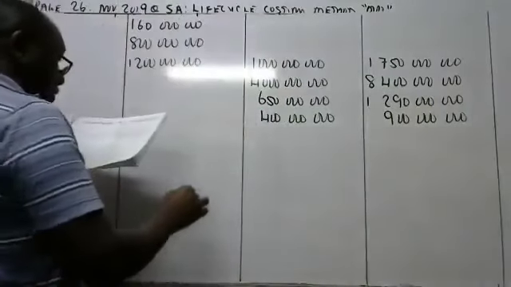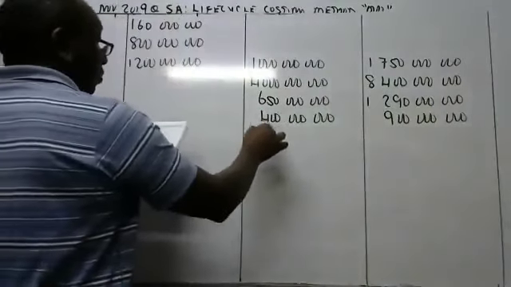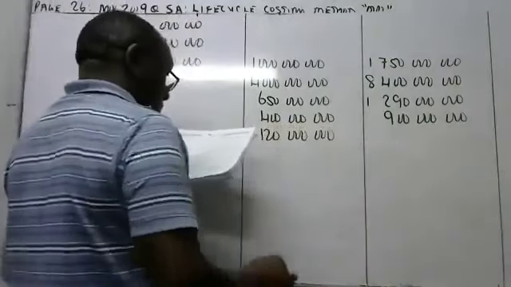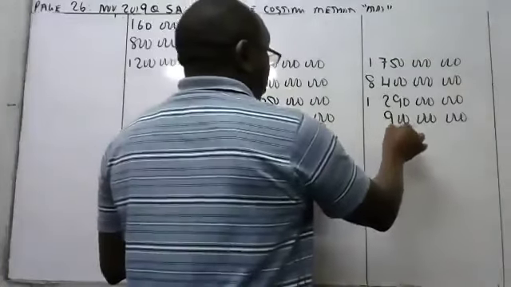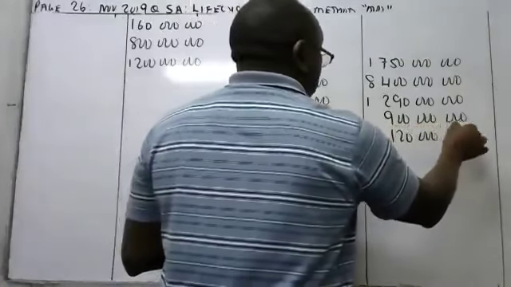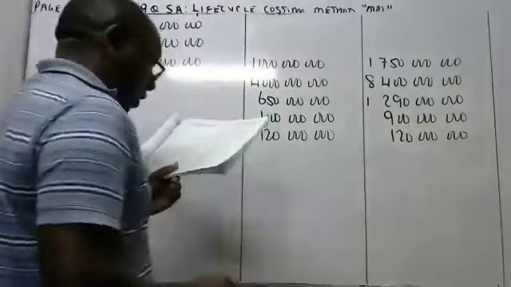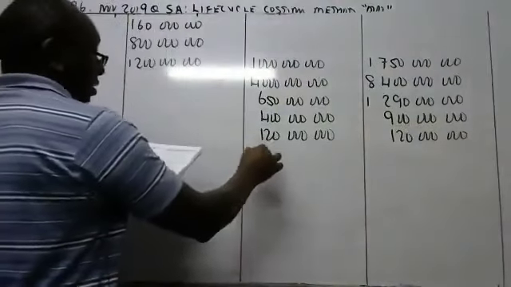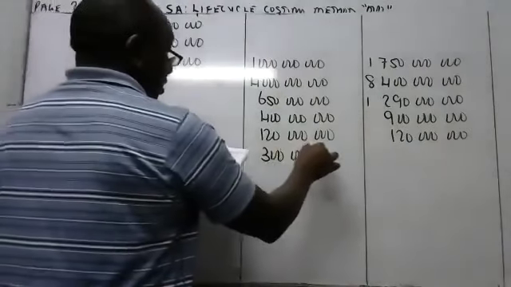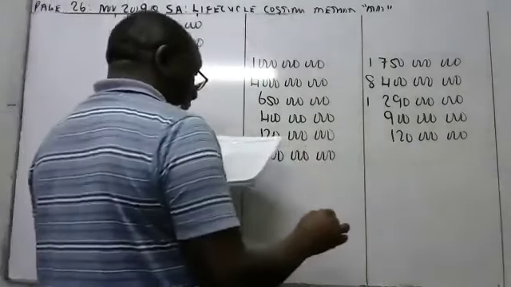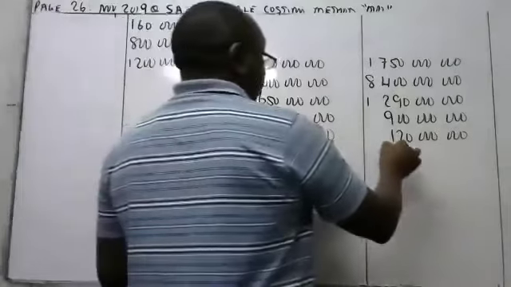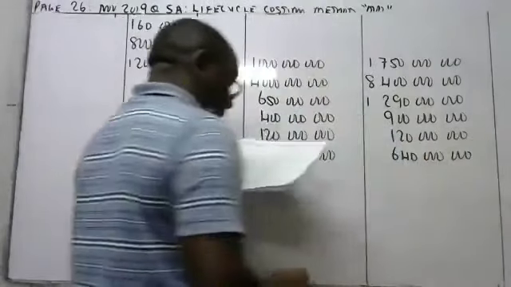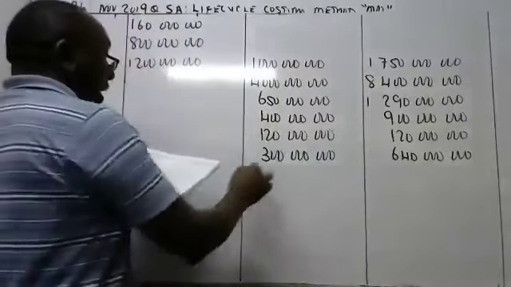Alafu the fixed ni 120. Hii ingine ukimultiply inakuja what? 300. Na hii ingine ukimultiply inakuwa 640. Alafu hii ingine ni 180.